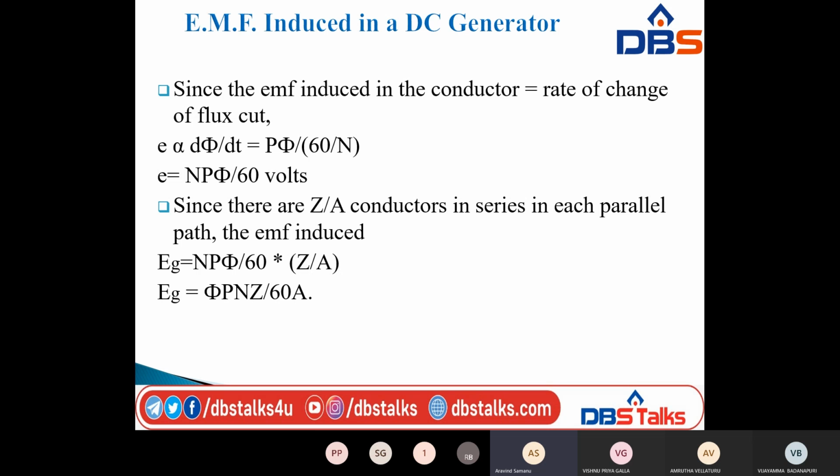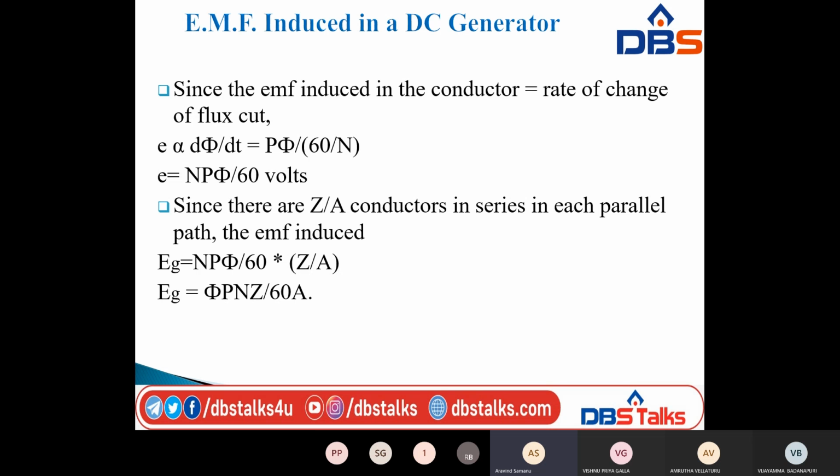From this statement, the EMF induced in the conductor, indicated by the letter E, is equal to the rate of change of flux cut, that is d phi by dt.